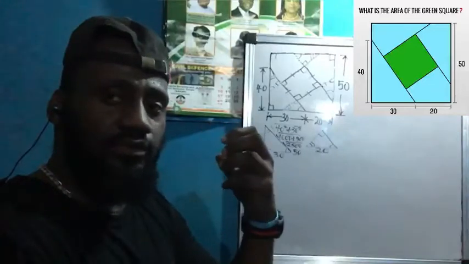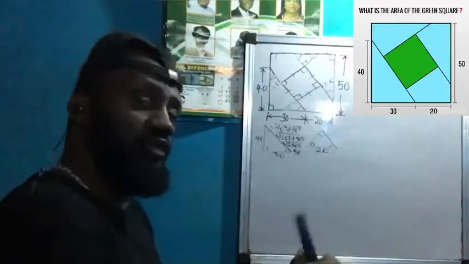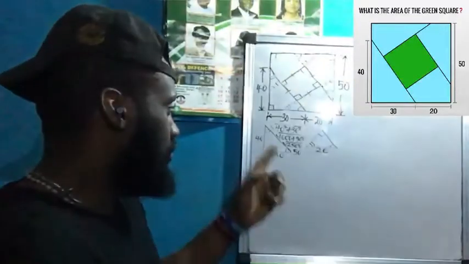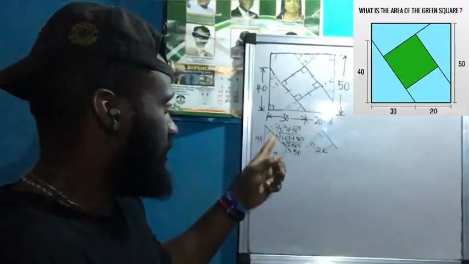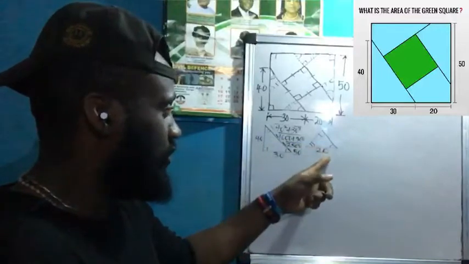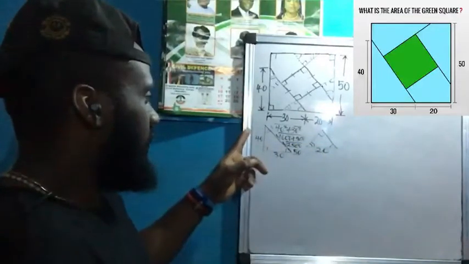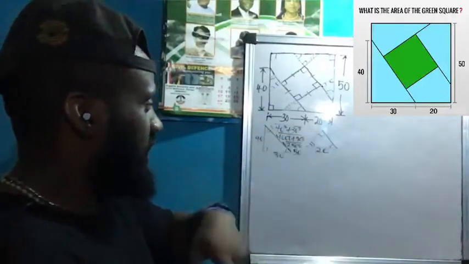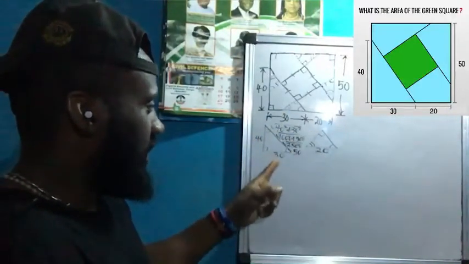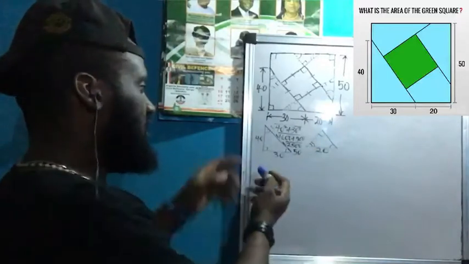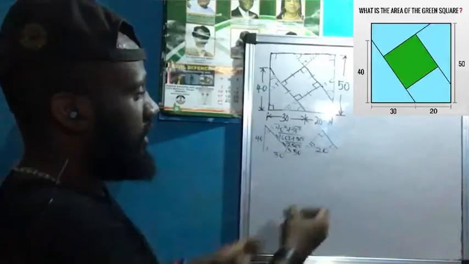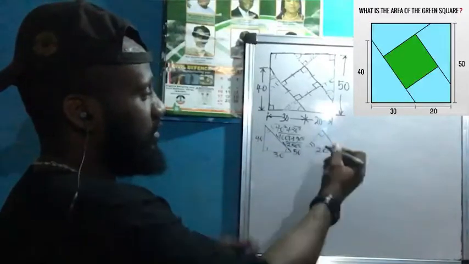And by being similar triangles, the ratio of corresponding sides are equal. So the ratio of the hypotenuse of this one to the hypotenuse of this one will give you the ratio of this side to the corresponding side on this side. Since 40 is opposite to the angle marked 1, its corresponding side on this one will be this.